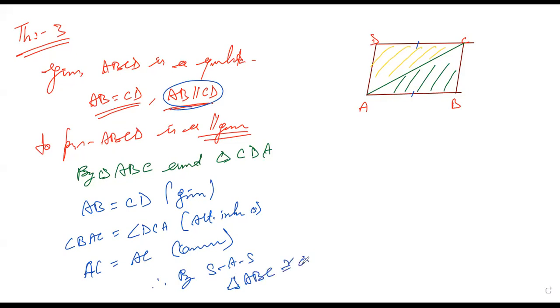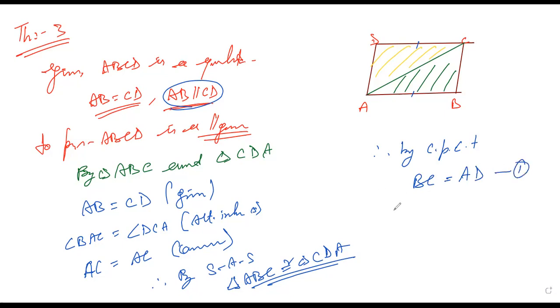Therefore, by SAS criteria, we can say that triangle ABC is congruent to triangle CDA. When these two triangles are congruent, by CPCT we can say that BC is equal to AD. You can call this the first equation.